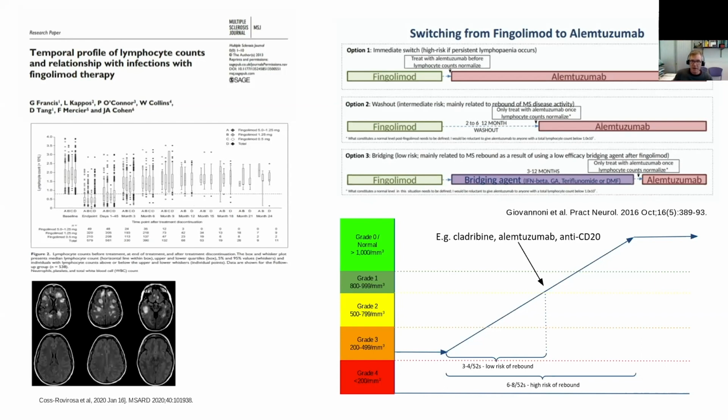So that's why in our center, we just watch the lymphocyte counts. As soon as it goes above 800, we retreat with an immune reconstitution therapy, alemtuzumab or cladribine. We're not the only ones that do this. I know the Australian neurologists do this as well. And that usually occurs about week 3 to 4. If you wait to go above 1, which is the guidance for starting cladribine, that takes 6, 8 or longer to occur, and that puts the patient at risk of rebound.